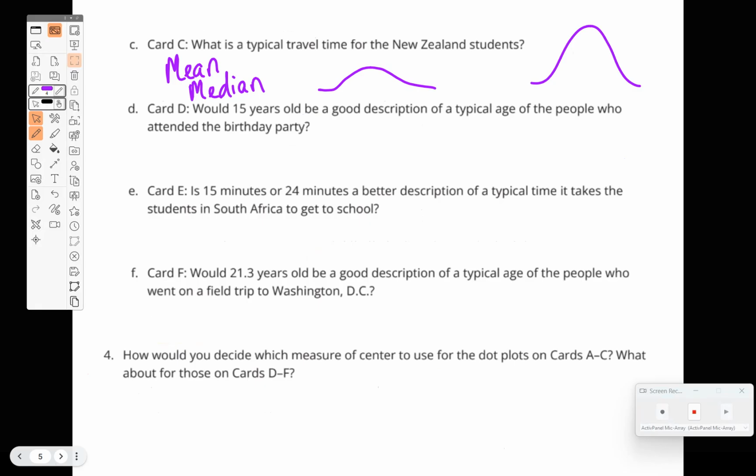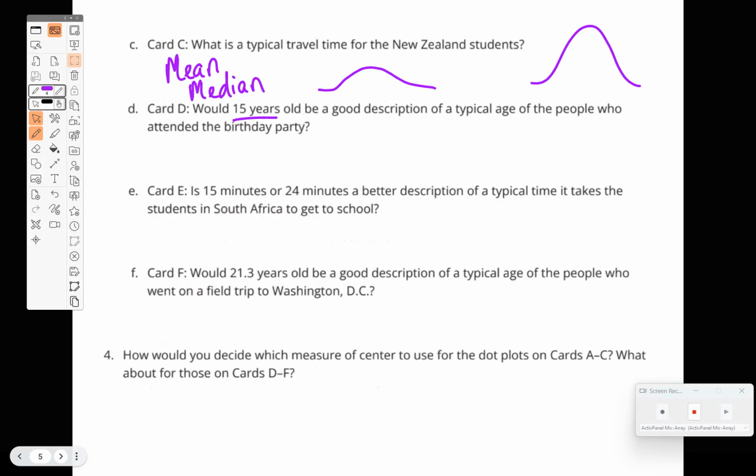Would 15 years old be a good description of the typical age of people who attended the birthday party? 15 years old. Give me a thumbs up or a thumbs down. Oh, we were doing so well. Brendel, why do you think 15 years old would not be a good description?